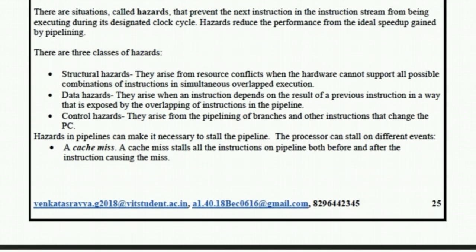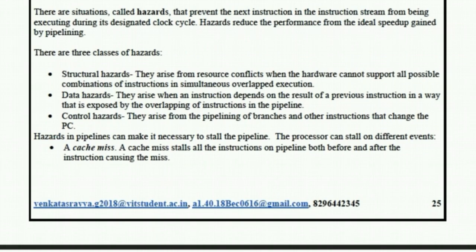Within this pipelining mode, we have something called a hardware management technique. There are situations called hazards that prevent the next instruction in the instruction stream from executing during its designated clock cycle. This helps make sure that my microcontroller does not skip a step. When it does, it would invoke something called a hazard.